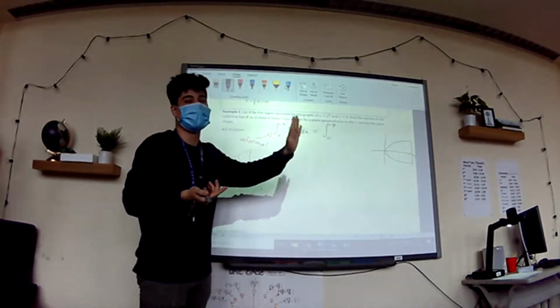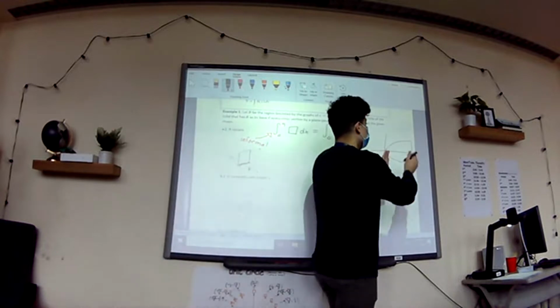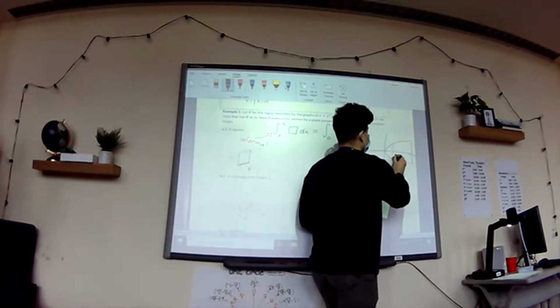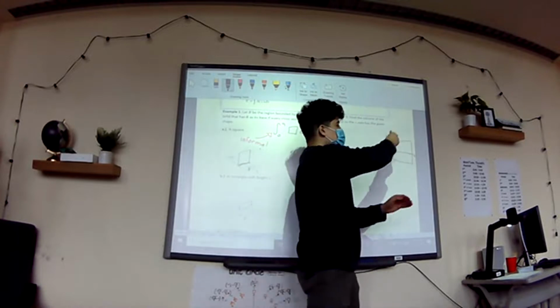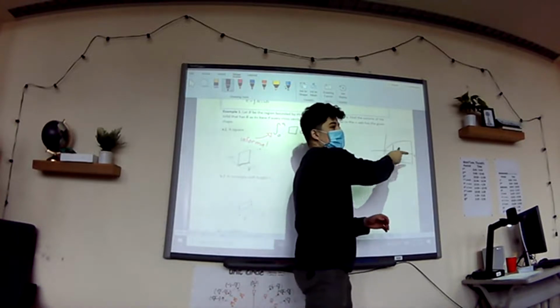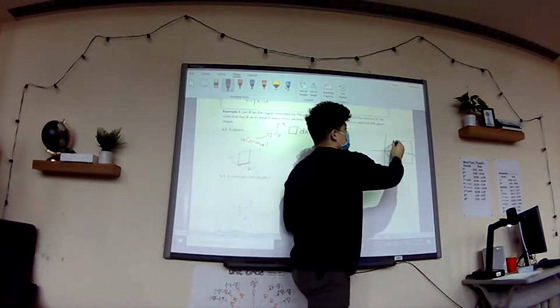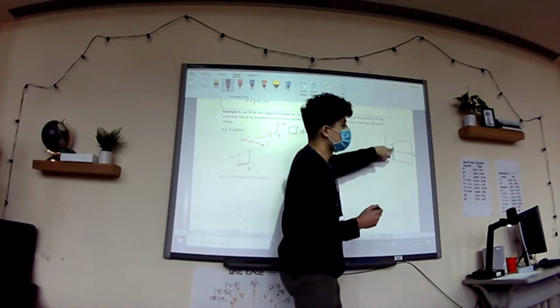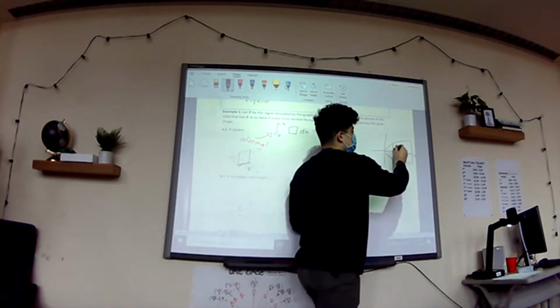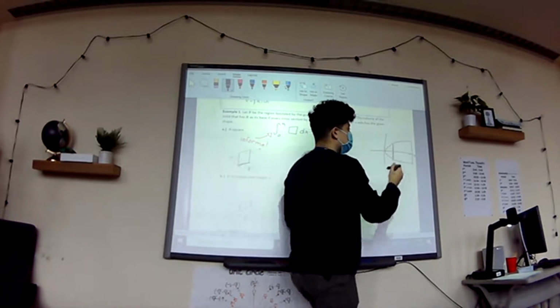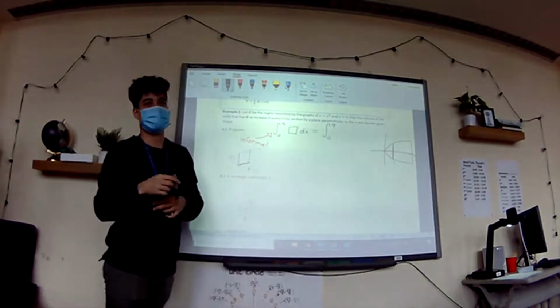Now, if I cut this anywhere at any x value, right here, this is where I'm cutting it, the square would be coming out of the board like this. That would be the square, okay? And now its base would be this much. Okay, all right. So what is this length? You guys have any ideas?